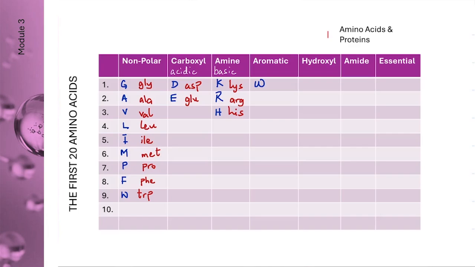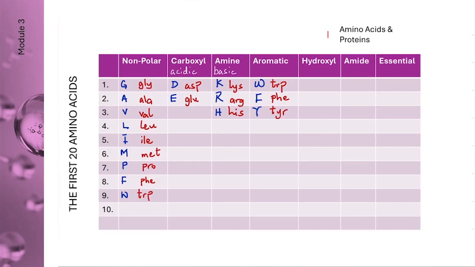It's aromatic, we considered it earlier. And we have tyrosine as aromatic as well. The three-letter for tryptophan is TRP, phenylalanine is PHE, and tyrosine is TYR.